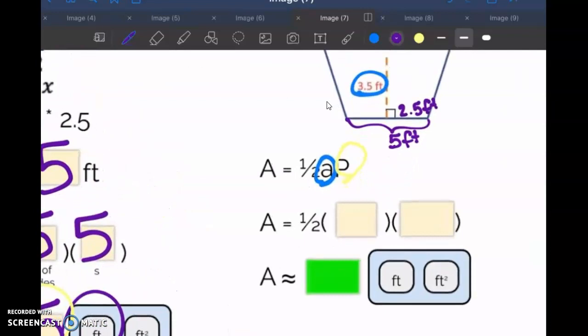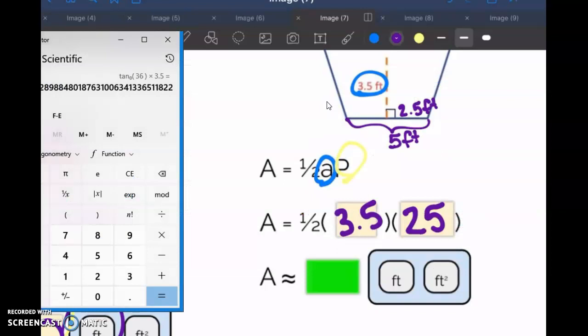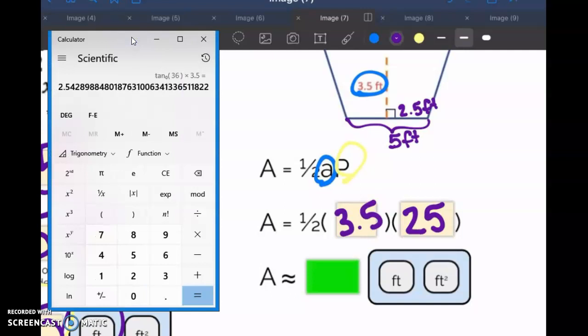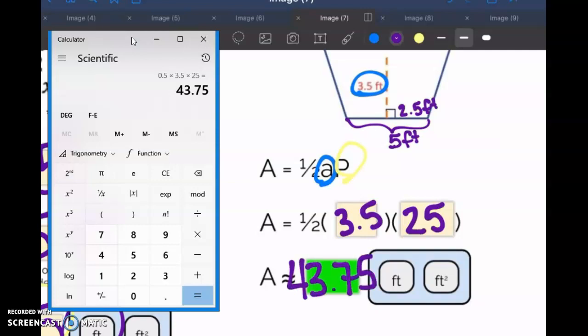Our apothem is 3.5 feet and our perimeter is 25 feet. So 1/2 times 3.5 times 25 is 43.75, and that is feet squared because it's area.